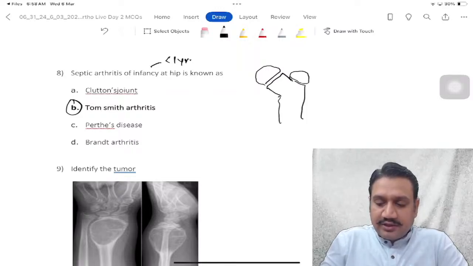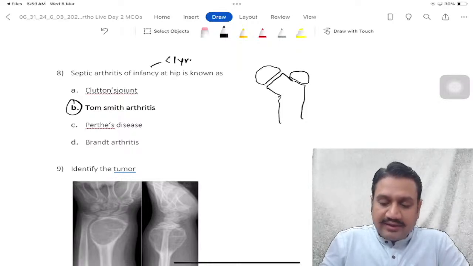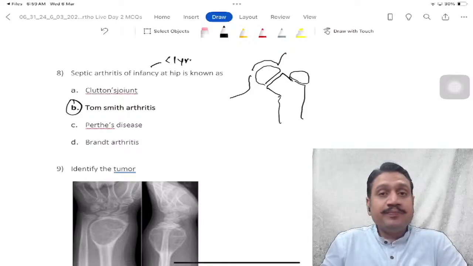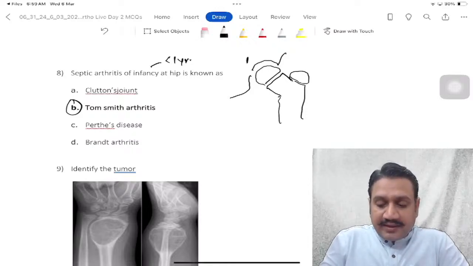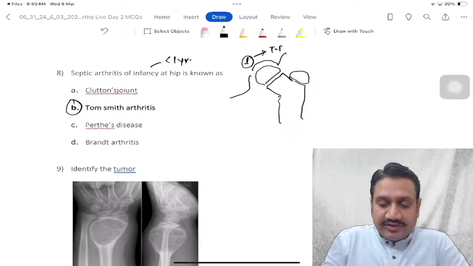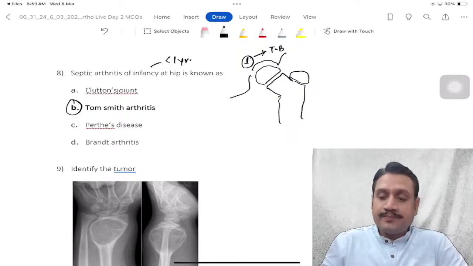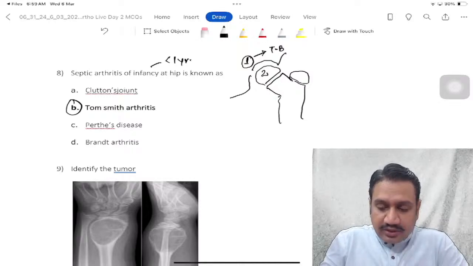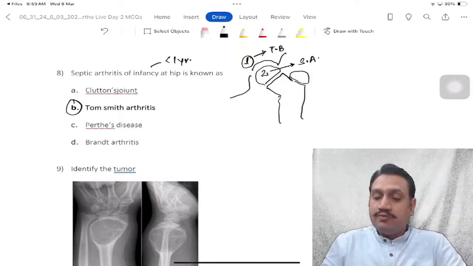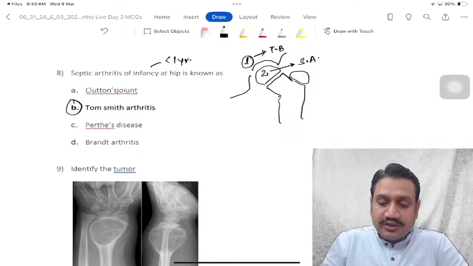So this is the greater trochanter. So when there is an infection of the hip area, this is the triradiate cartilage we have, acetabulum. So please remember that acetabulum, this one, is the commonest site where the infection of tuberculosis goes. But this site number two is the commonest site where septic arthritis happens. We know that both are infections of the joints only, right?